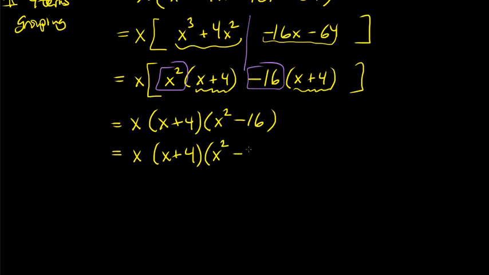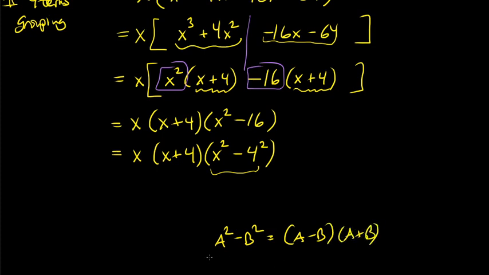It's the difference of 2 squares. 16 is 4 times 4. So this here, again, is just a squared minus b squared. Let me move that down a little. Right, which is just a minus b times a plus b. Again, in this case, right, a is x and b is 4.